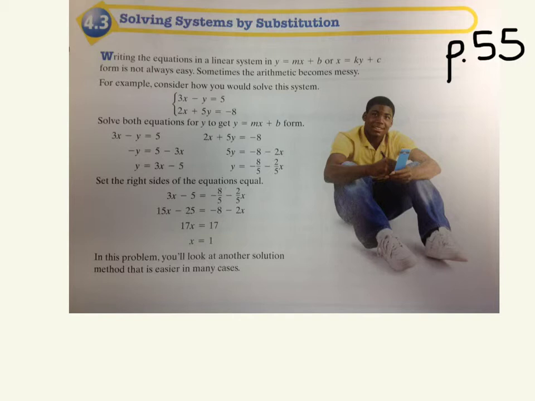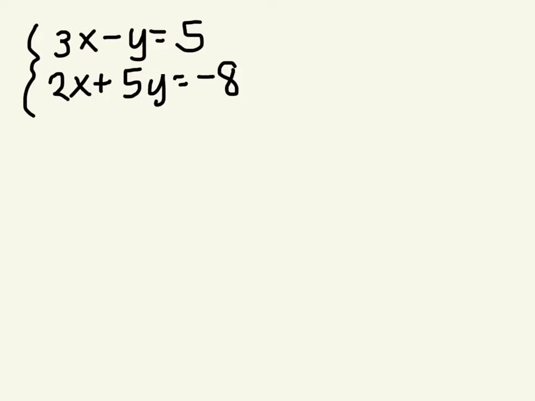But because this gets kind of messy with these crazy fractions, we're going to demonstrate the same example using substitution. So here's the same system. Instead of solving it using equality, like the book explained can sometimes be complicating, I'm going to use substitution.